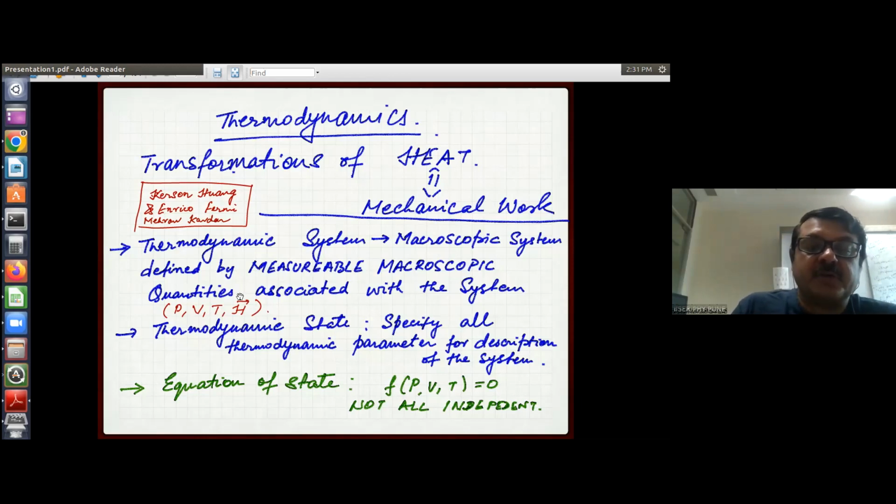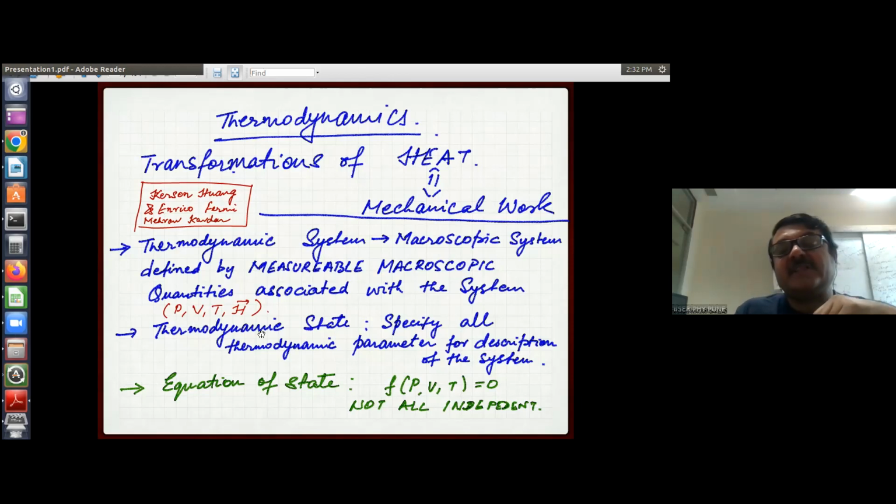And if I'm talking about a magnetic system, then maybe H, the magnetic field by which you control the magnetization of the system. And that's an intrinsic quantity. Here, if you have some volume of a gas at a certain temperature, pressure is something which you can change to change the volume, or temperature is something you can change to change the volume of the system. All right.